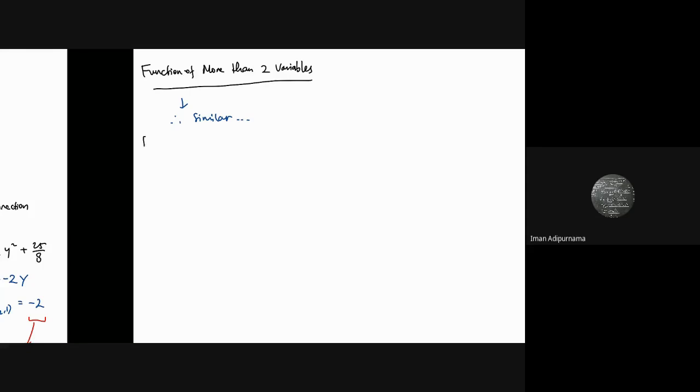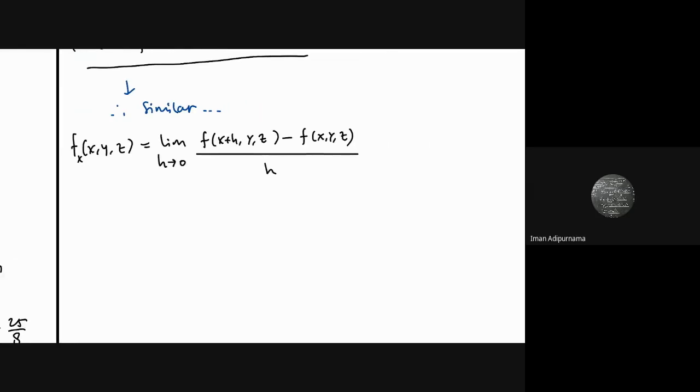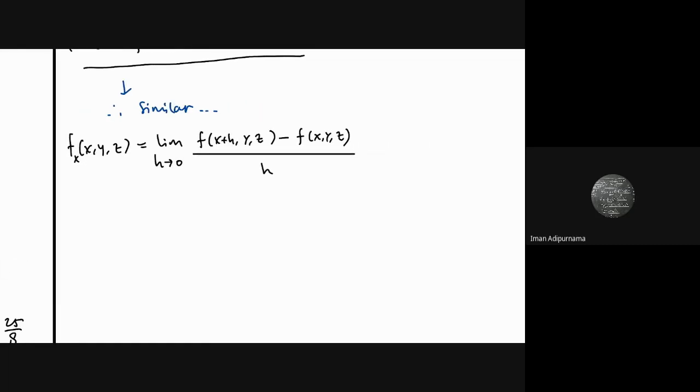If you have x, let's say xyz, what you are going to do is just take the limit definitions. So the partial x from the three variables just means that we need to add h on the x-axis. And basically it's similar.